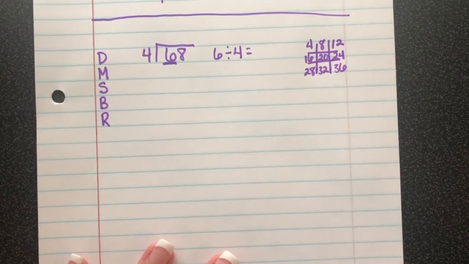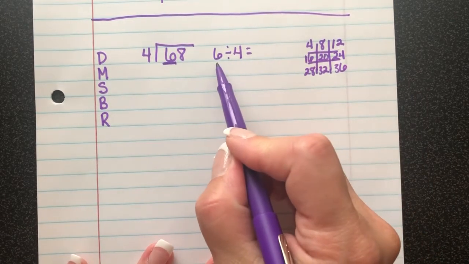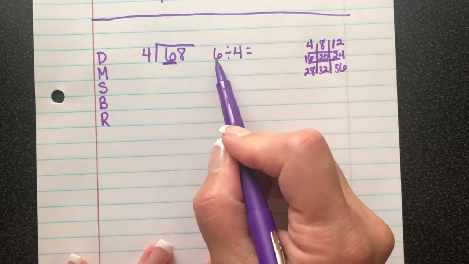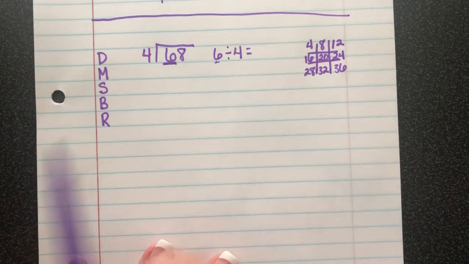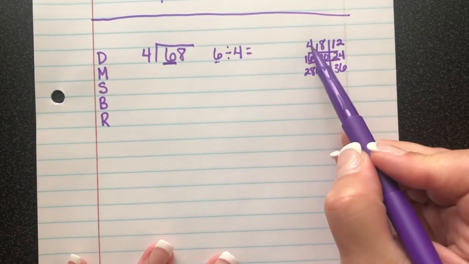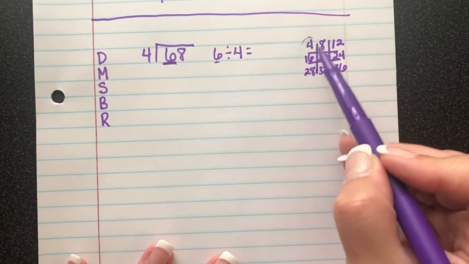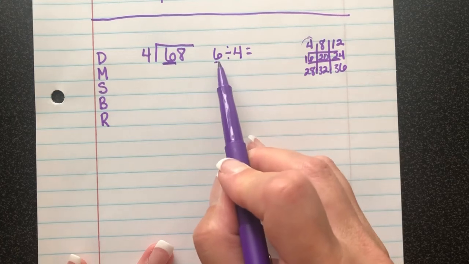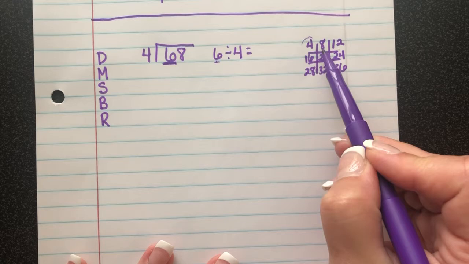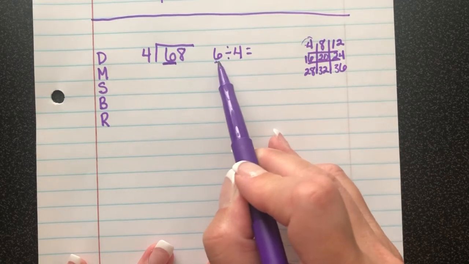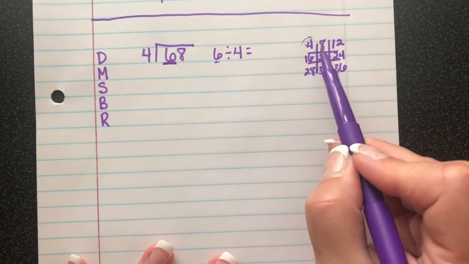So I'm trying to take as many groups of 4 out as I can without going over 6. That's important. I can't go over that 6. If I take one group of 4, that gives me 4. That is less than 6, so let's try to take 2 groups and see what happens. If I take 2 groups of 4, that gives me 8. That's too much. That's greater than 6, so I can't use 2 groups.